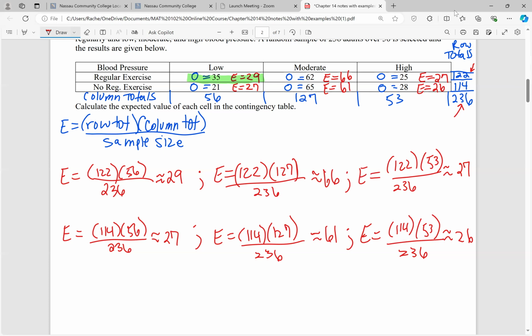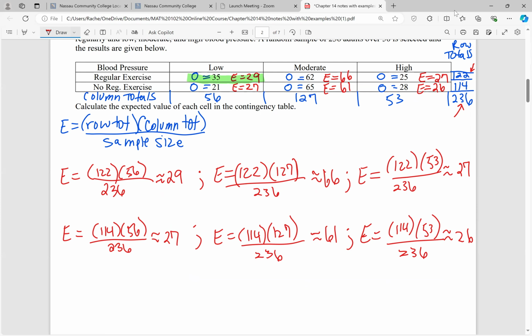But if blood pressure and exercise status were independent, then we would expect about 29 people to fall into that classification, into that category. But there were 35 actually observed. So are they close, 29 and 35? In other words, is there a big difference?